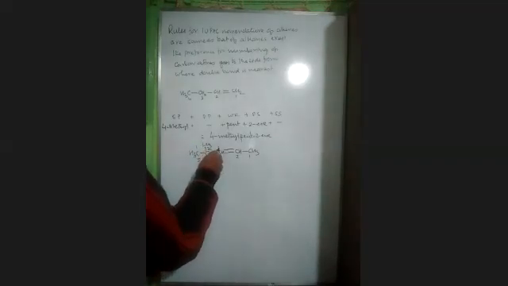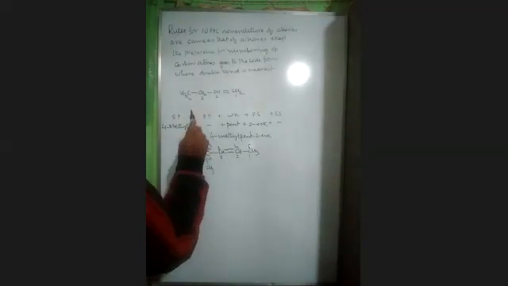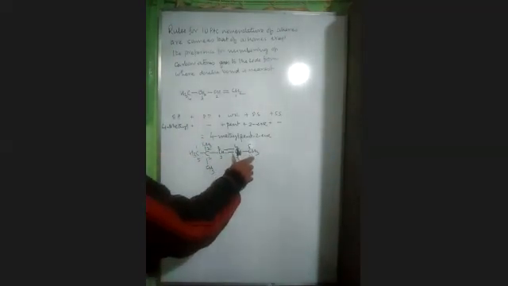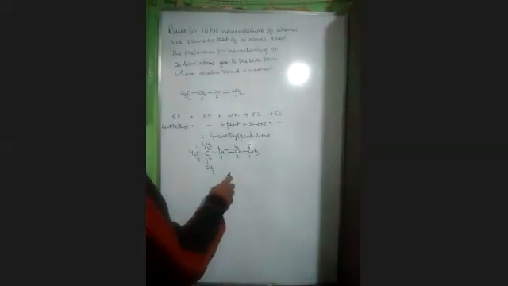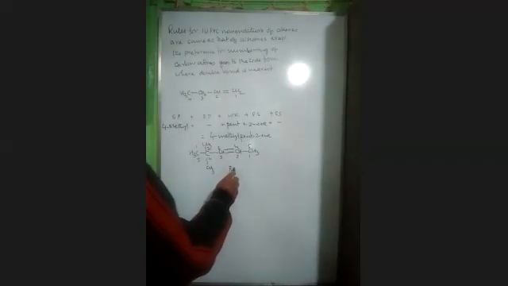See, now if I number it from this side, 1, 2, 3, 4, 5, because I'm going for the lowest sum. If I go from the right hand side, the double bond starts from the second carbon and the substitution is on the fourth carbon, 4 plus 4, so 2 plus 4 plus 4 makes 10.